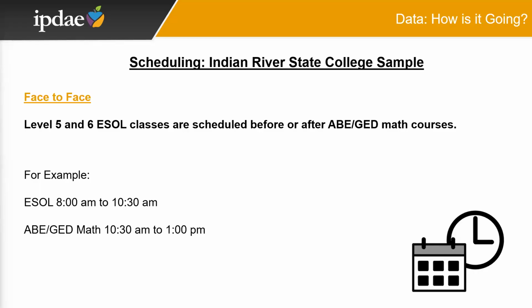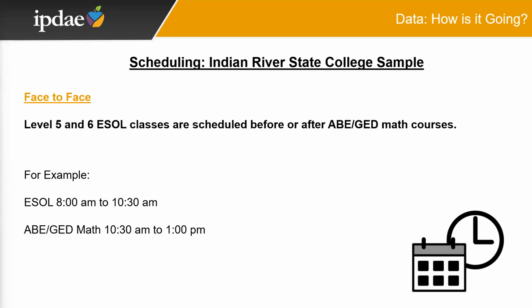For example, here on the screen, you see that we have level 5 and 6 ESOL students taking their level 5 and 6 ESOL class at 8 a.m. to 10:30 a.m. And then while they're still on campus, they transfer to their ABE GED classroom and they take math from 10:30 to 1. Or vice versa.